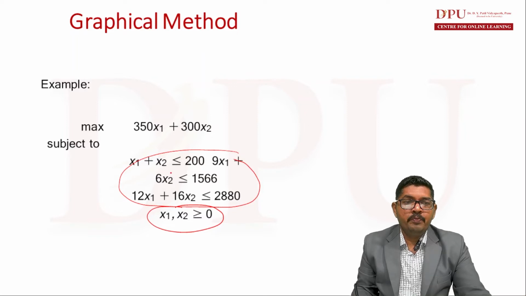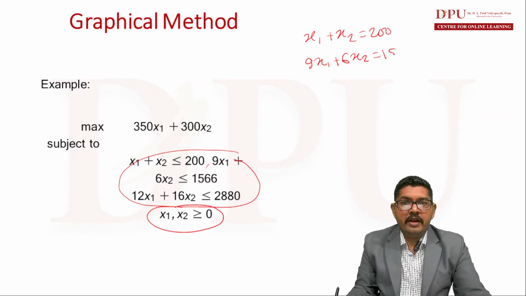So what we do is convert these inequalities into equalities. For example, x1 plus x2 is equal to 200. Then the second is 9x1 plus 6x2 is equal to 1566. Then we have 12x1 plus 16x2 is equal to 2880.